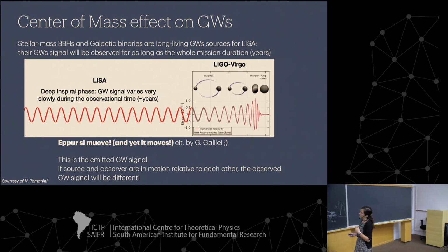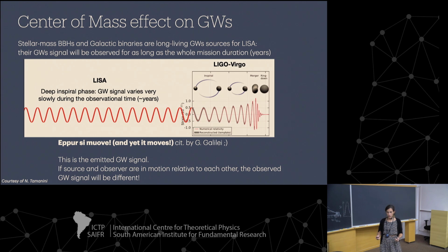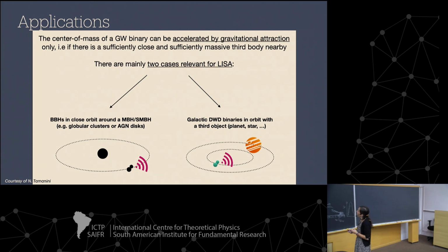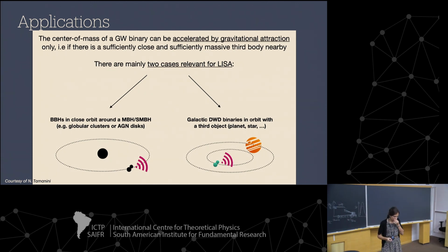So basically, the gravitational wave signal that you're receiving is different from the gravitational wave that they are emitting. But I have a slide on that. So obviously, if I have a movement of the center of mass, it can be caused by different things.